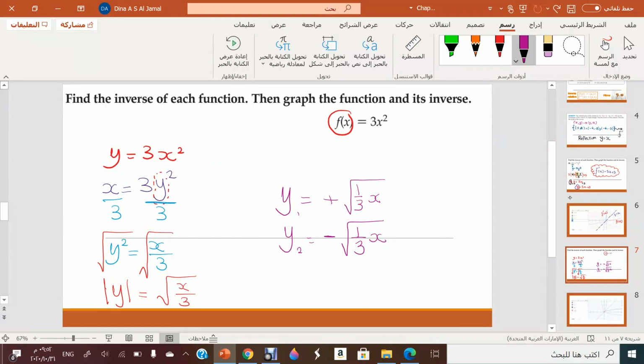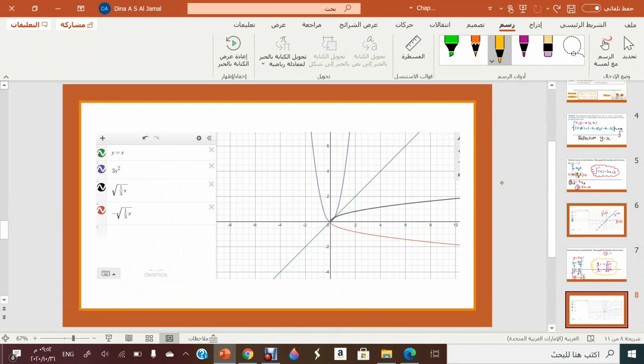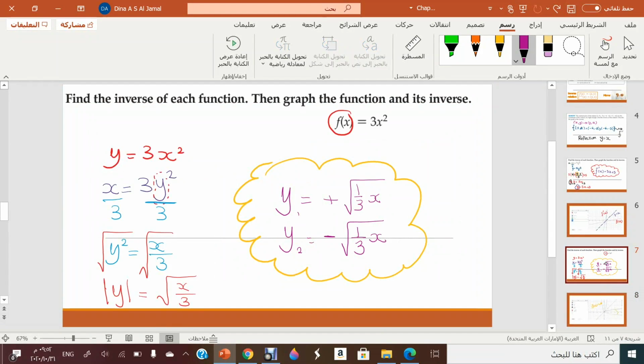So if we graph all of them together with the line y equal x, we will have our f of x, which is this one, and both of these will be representative for f inverse.